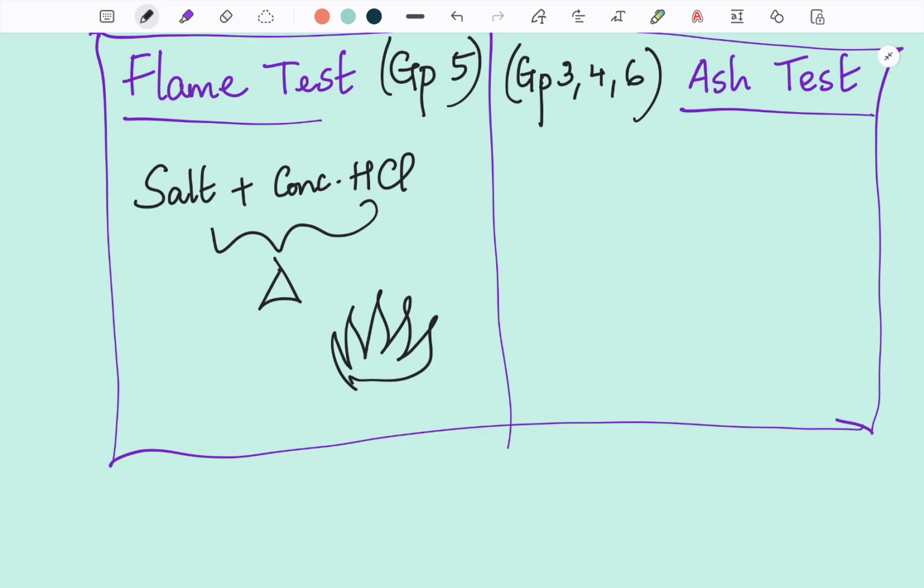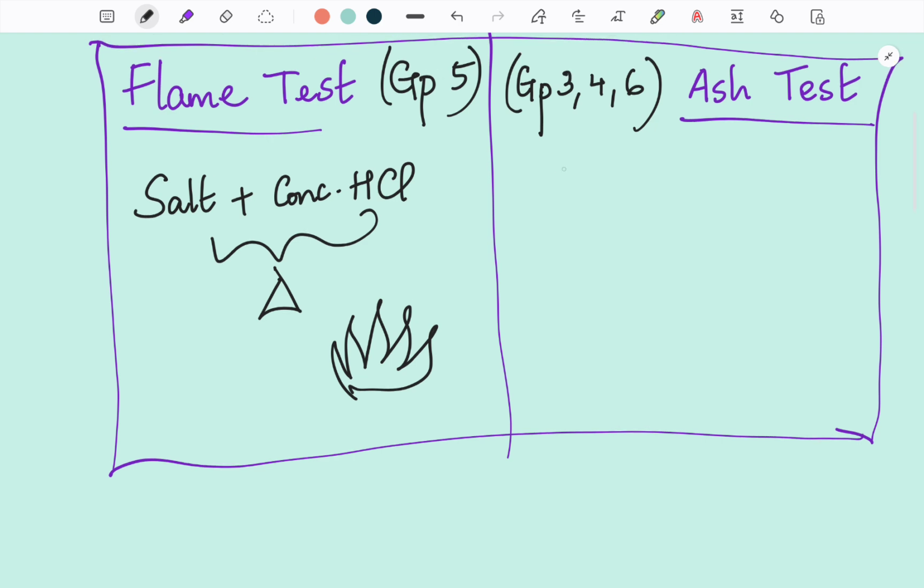And of course, glass also can impart a yellow color to the flame. However, if you are soaking the tip of the glass rod well in the mixture, then the color of the flame will be correct. So you don't have to worry about getting a wrong color if you are dipping the glass rod properly.